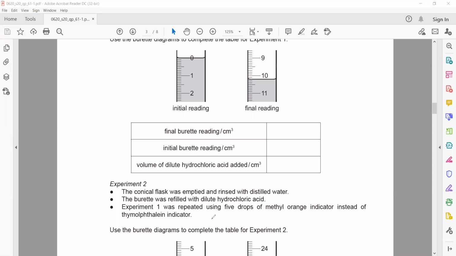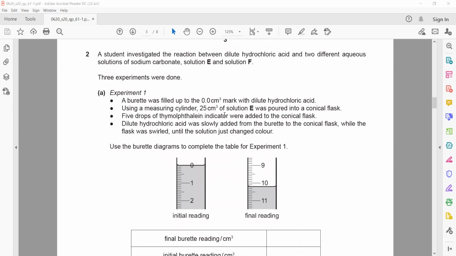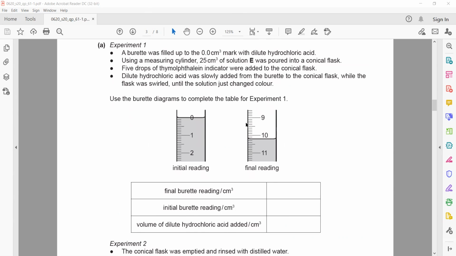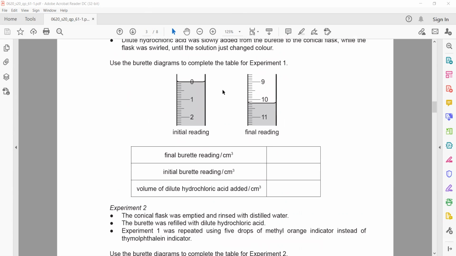When you take a ratio, the ratio is 1 to 3, but when we compare the concentration, it is 1 to 1.5. That is the ratio of the concentration, like solution E and solution F.